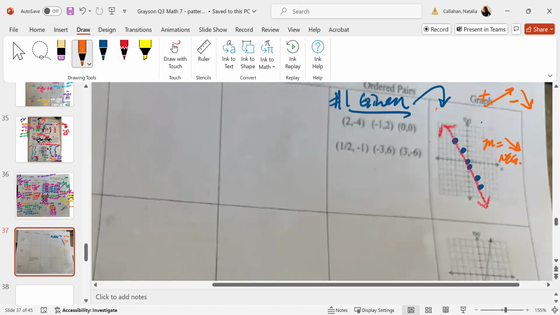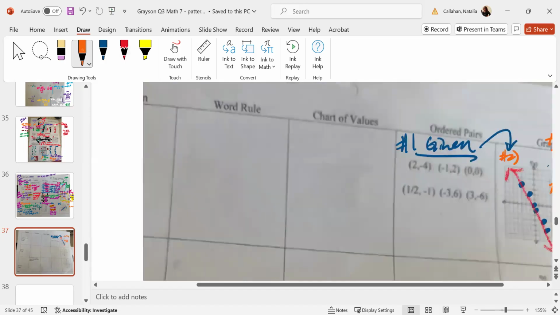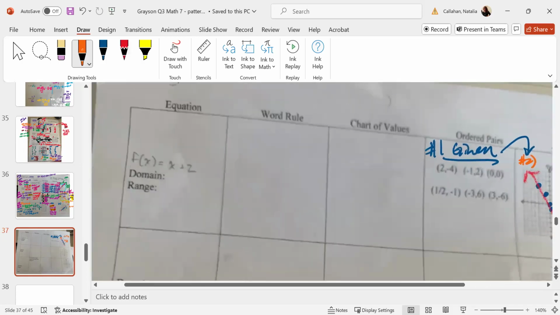Okay. This is number 2, is graphing. We did that, correct? What's going to be number 3? You hit your total values. X, Y. What's your first point? What are all your X values?